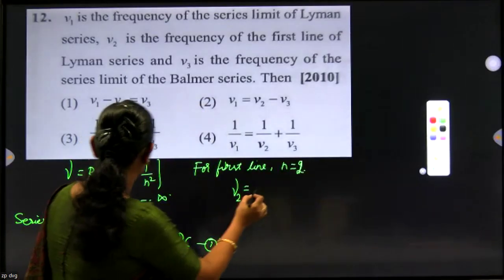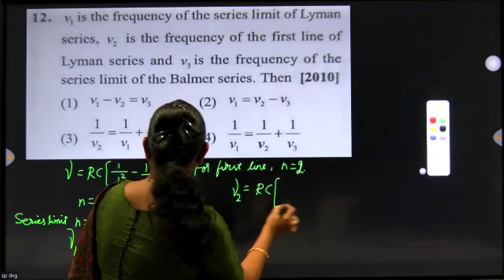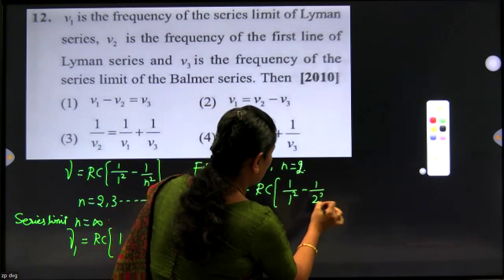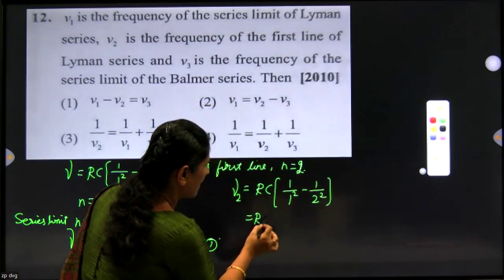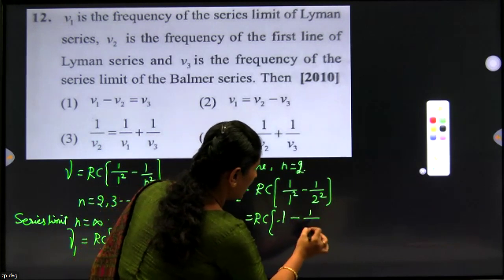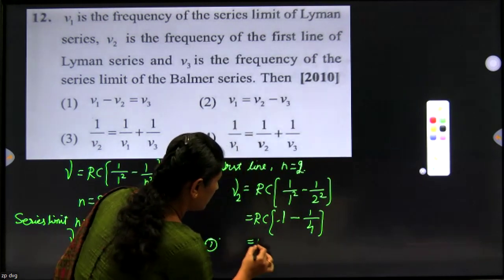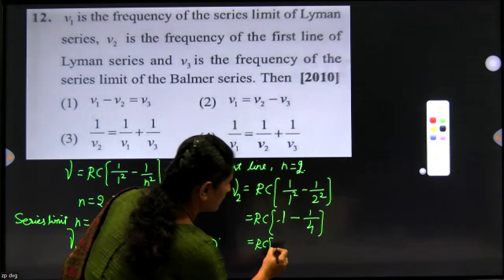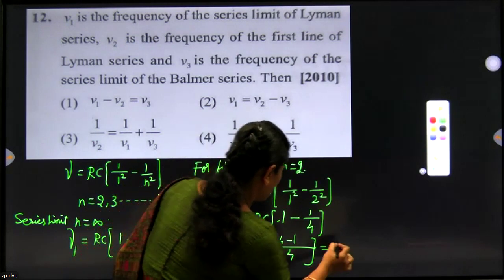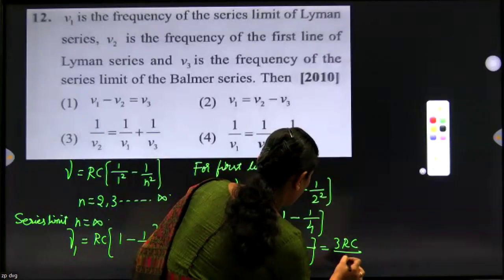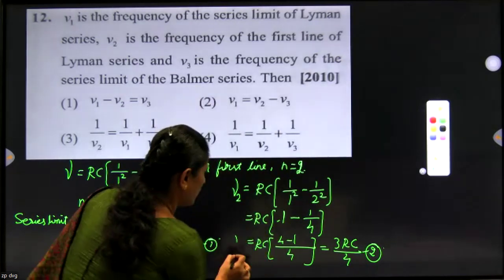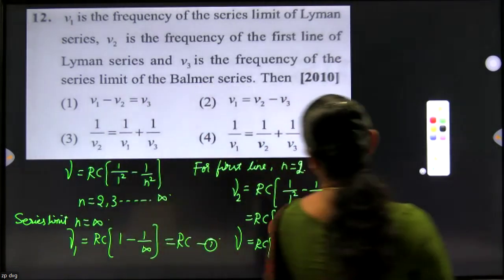Nu2 is equal to RC into (1 by 1 square minus 1 by 2 square), that equals RC into (1 minus 1 by 4), that equals RC into (4 minus 1) by 4, that equals 3 RC by 4. This is equation 2.